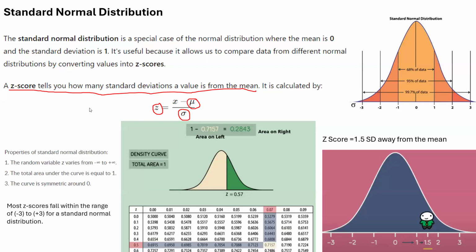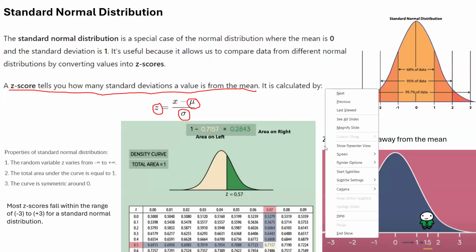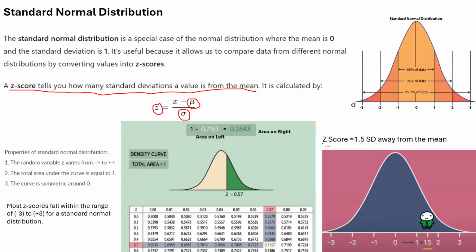When you say the Z score is 1.5, it means we are 1.5 standard deviations away from the mean. That particular point is 1.5 standard deviations away from the mean. Look at this diagram. This is 0, the mean, and the standard deviation.